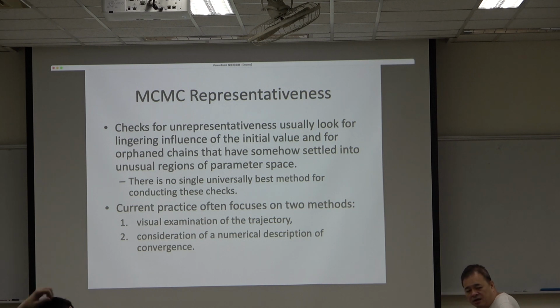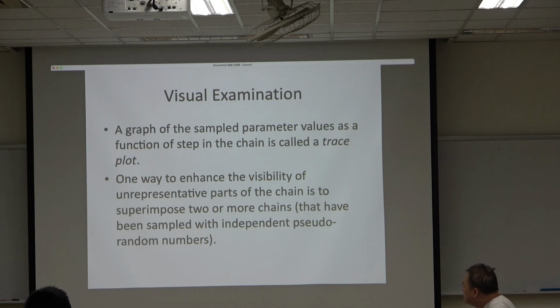The reason I want to cover this part is just to show you some of those things. So first, a visual examination. When you generate samples by using MCMC, any of the MCMC sampling techniques.